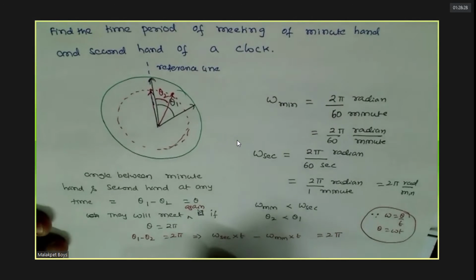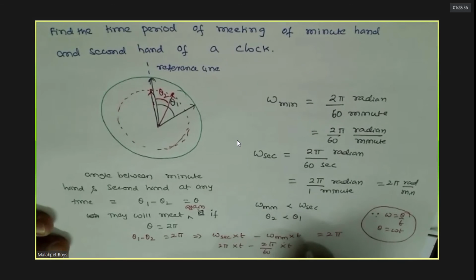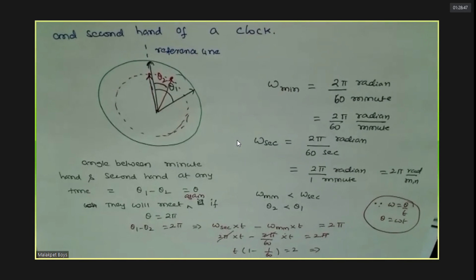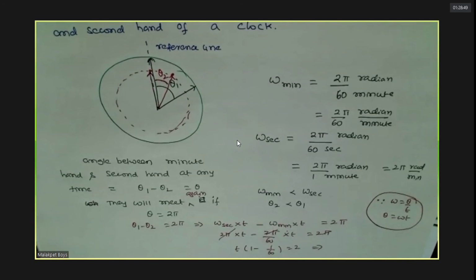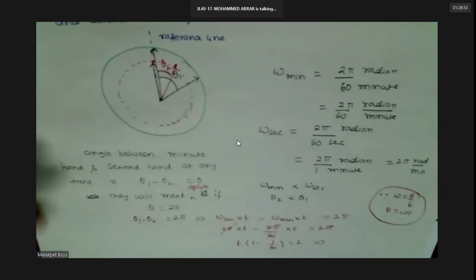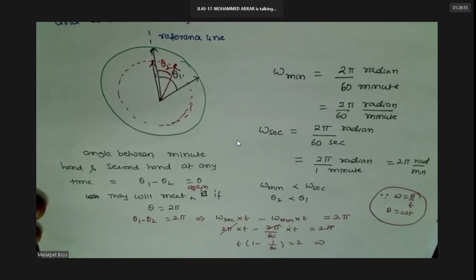So what is theta? This is 2 pi into t minus 2 pi by 60 into t equals 2 pi. 2 pi will get cancelled now. So you have t into 1 minus 1 by 60 equals 1.